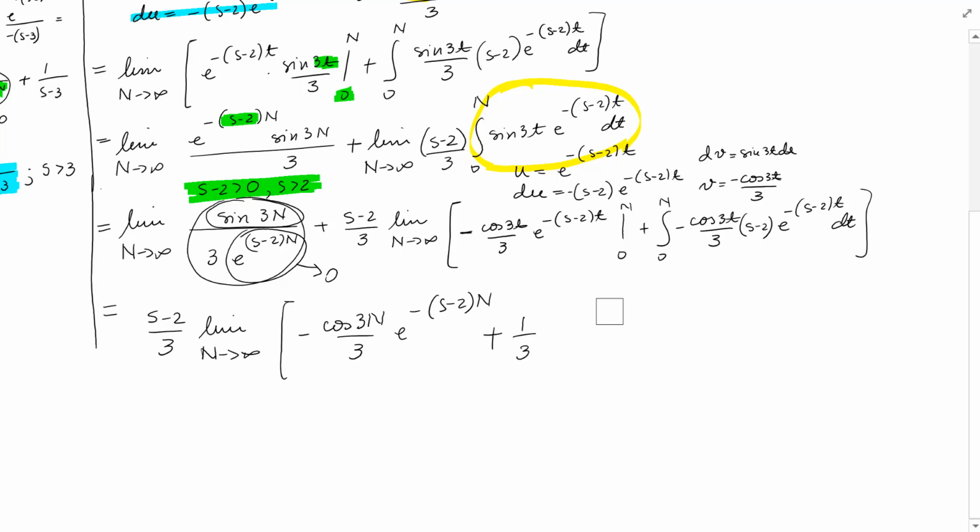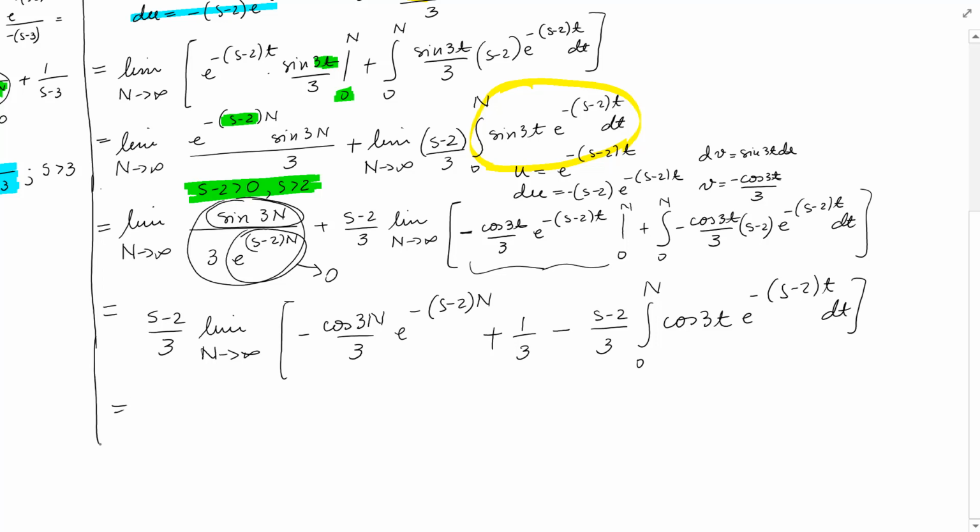So we leave 1 over 3, and we just evaluated this whole quantity. And then minus, I can move out s minus 2 over 3, integral from 0 to n of cosine of 3t e to the negative (s minus 2)t dt.